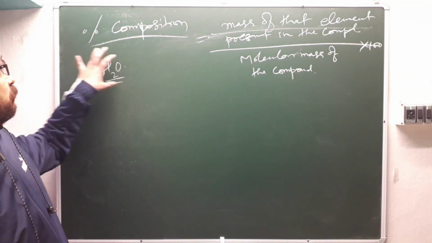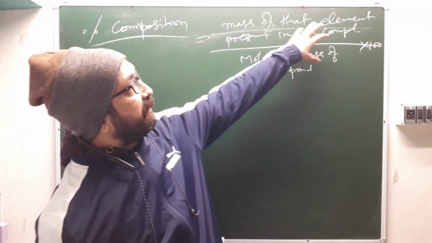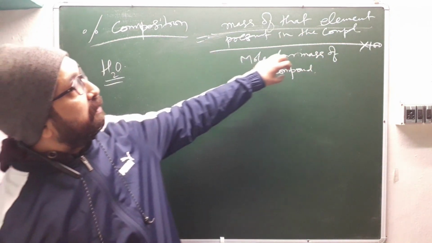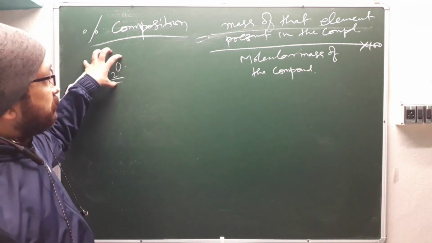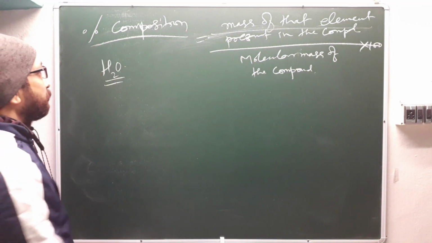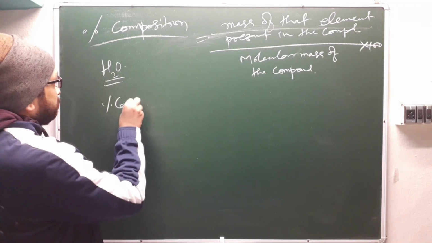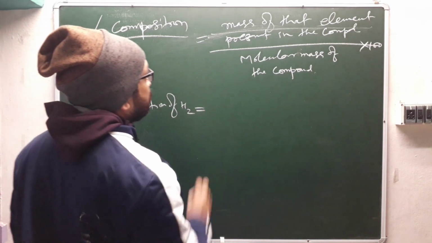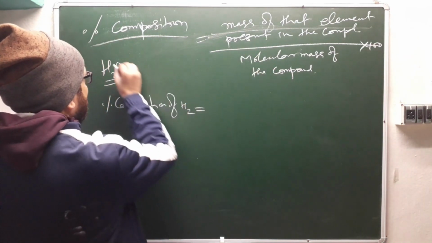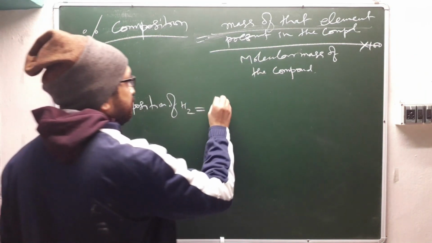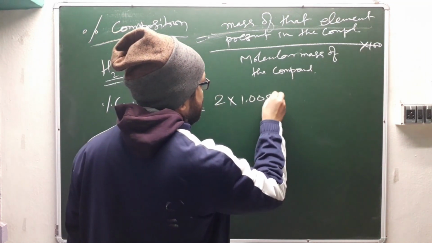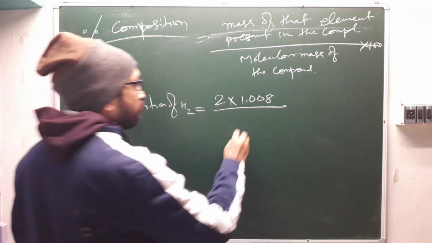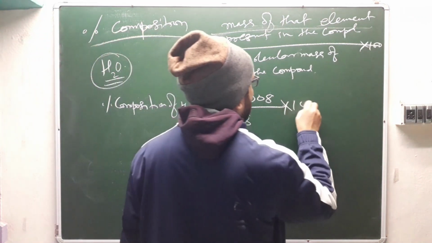See what is happening. For hydrogen you want the mass of hydrogen element present in the compound, and then the molecular mass of that compound, so the molecular mass of water. Taking this as an example, the percentage composition of hydrogen: there are 2 hydrogens, so 2 into 1.008, divided by the molecular mass of water, which we know is 18, into 100.